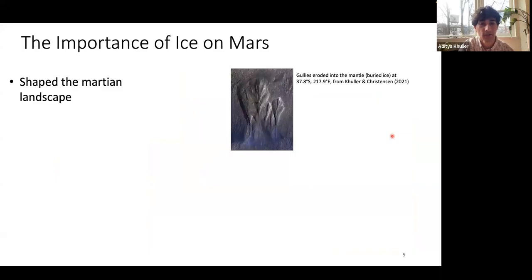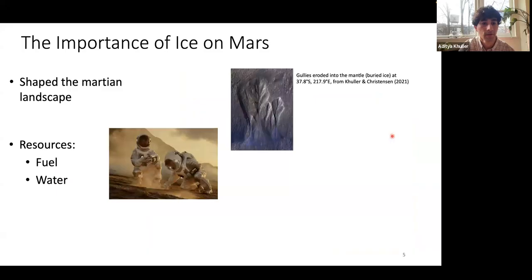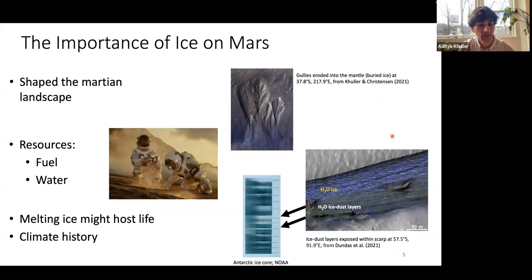Why is ice important? Just like on Earth, we think it shaped the landscape. For future missions to Mars, it could be a resource for fuel and water. If it's melting, it might host life. And just like on Earth, here's a core taken from Antarctica, and another one of those scarps or cliffs where the bluish material is water ice.